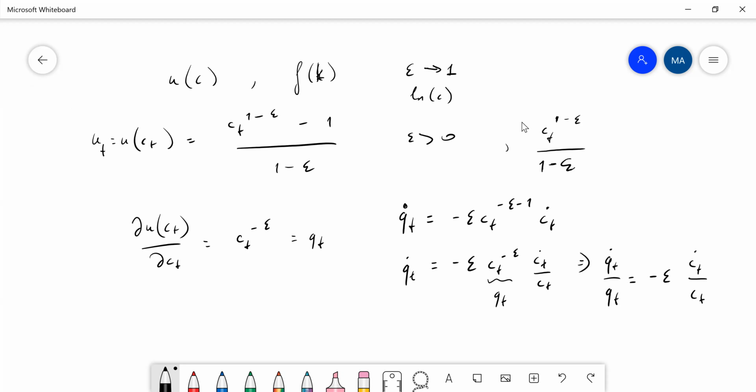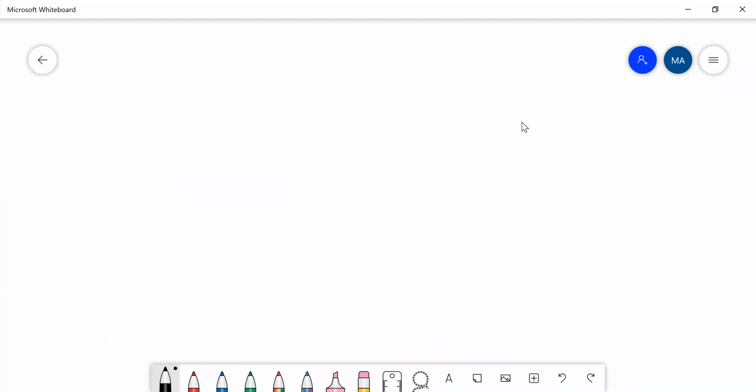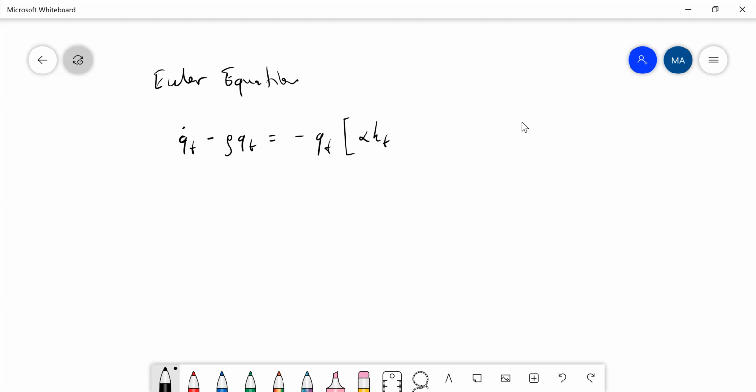Now, when we do that, we should also discuss what we call the Euler equation. Recall this costate equation. It was like Q dot t divided by Qt equals minus alpha kt to the alpha minus 1 minus rho plus n. Sorry, rho is already there, so it was like this.